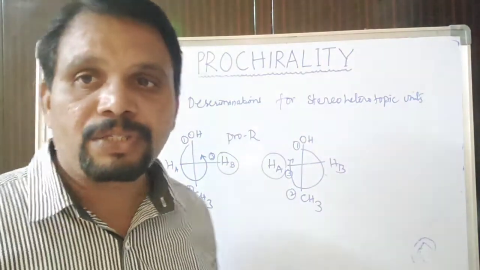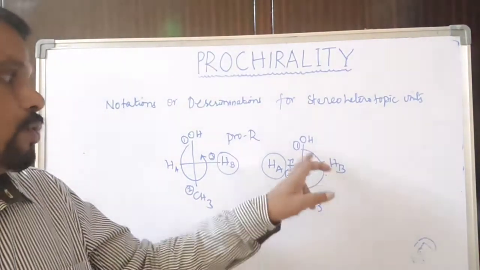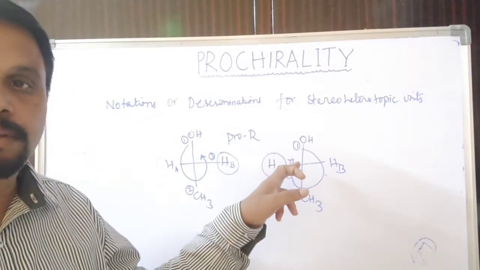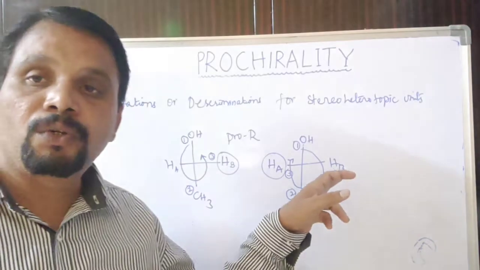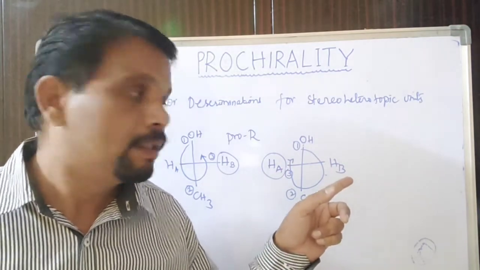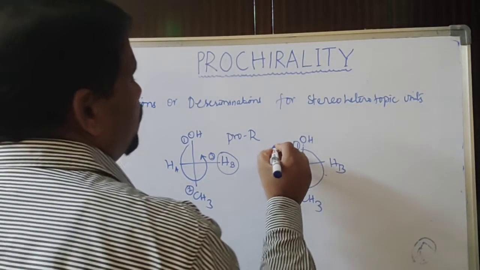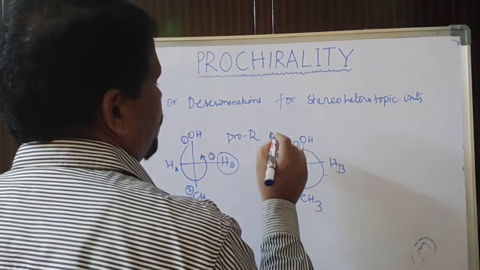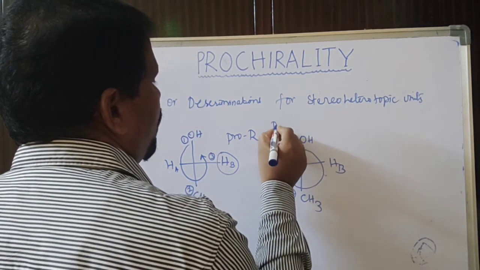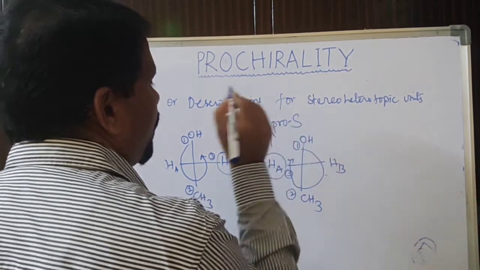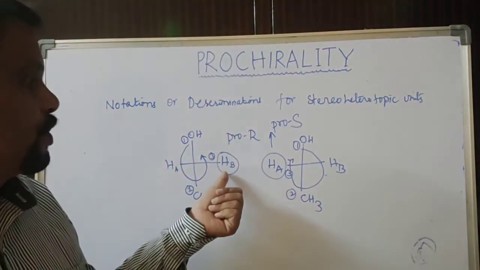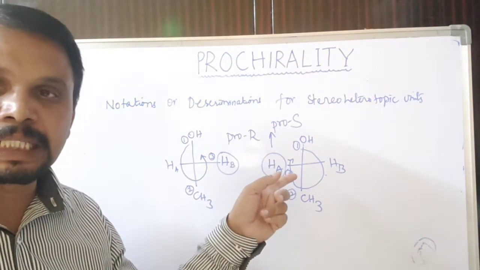Is it clockwise or anti-clockwise? This is clockwise rotation. The least priority group is in the horizontal line. Therefore, this notation of HA is pro R, and the other is pro S. This is pro R, this is pro S.